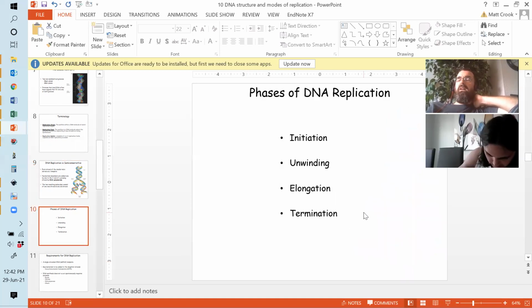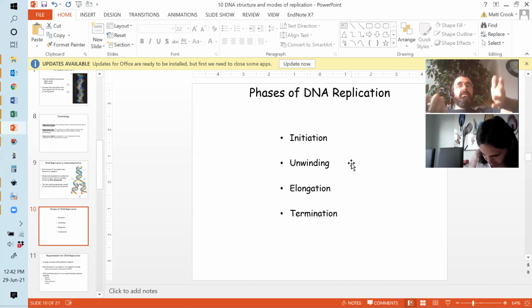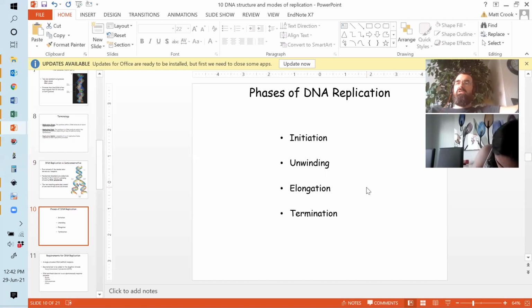So in DNA replication, obviously there's a whole bunch of things that need to happen. We obviously have to begin the process, right? And that's going to be signaled by essentially other proteins that control the cell cycle, that are going to control when this occurs. We've got to unwind the DNA, so that it's actually physically available for the replication machinery.